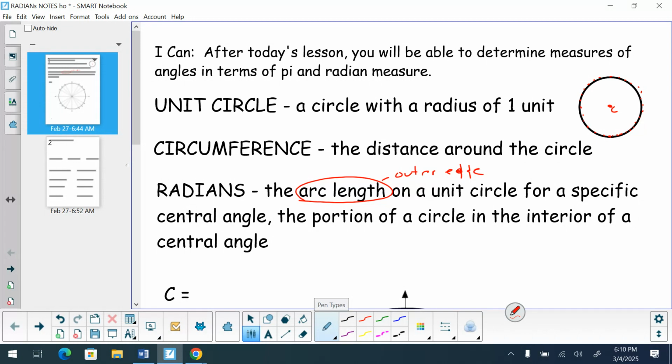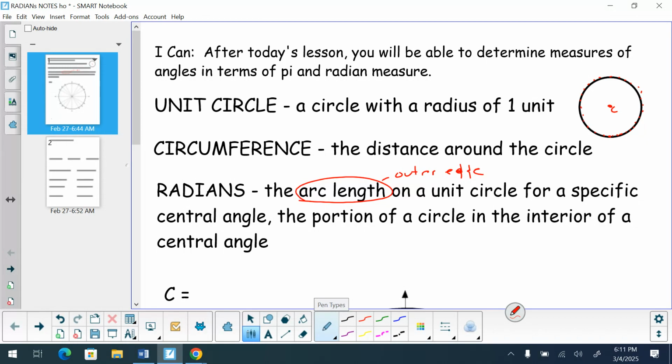It's the outer edge of the circle. Okay? It's not the good stuff when we're eating a piece of pizza. When we're eating pizza, we like to look at the interior of the circle because we like to eat that. But the outer edge is just like the outer edge of the crust of a piece of pizza that you're eating.